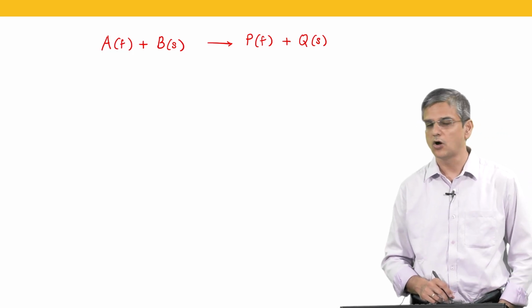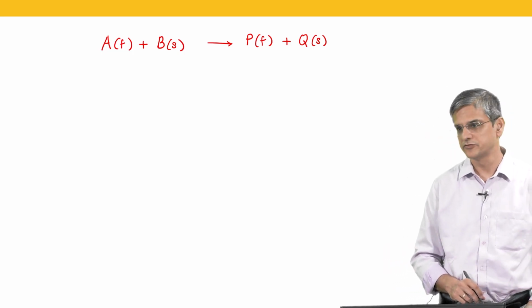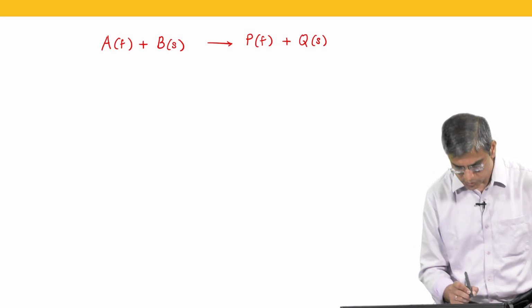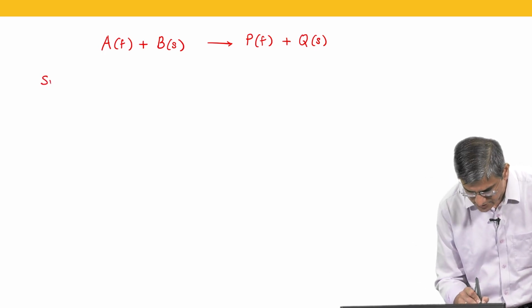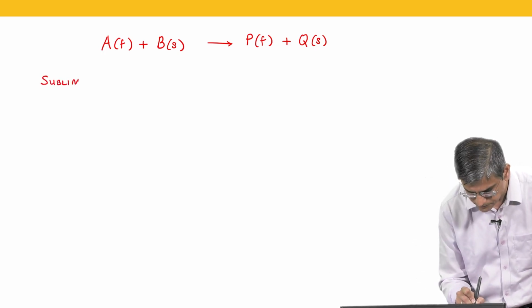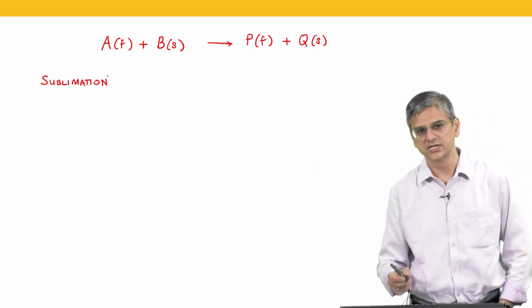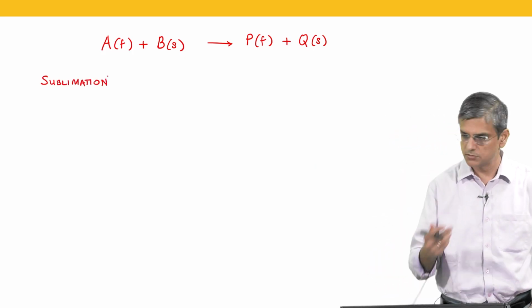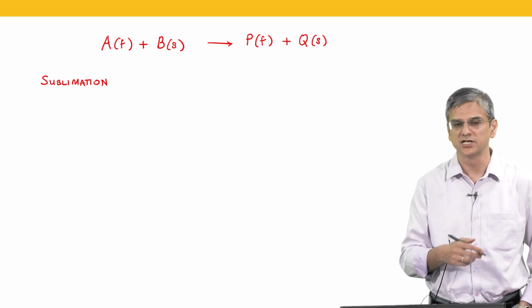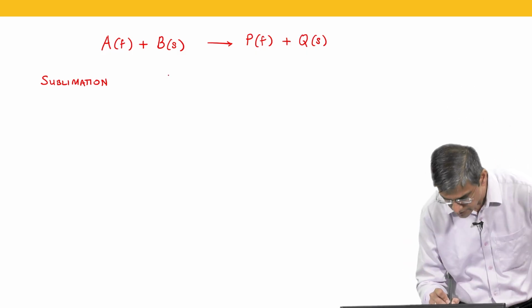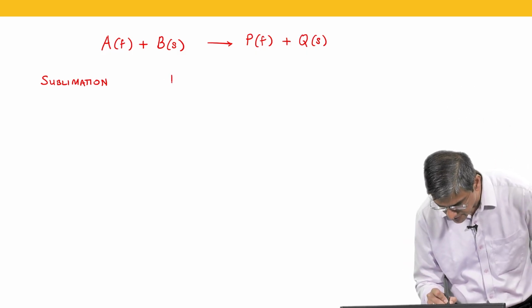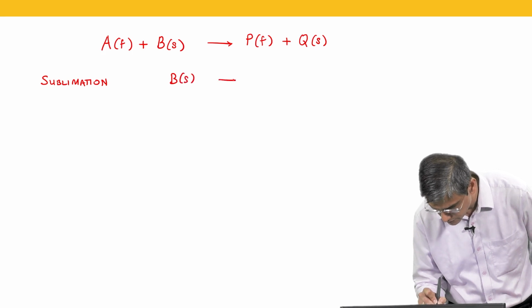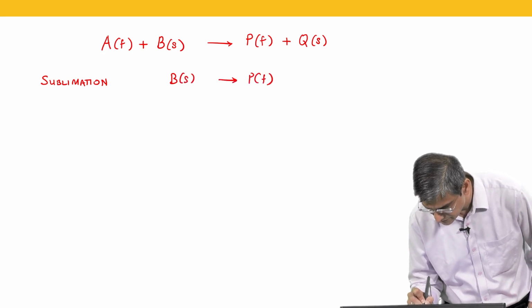Not all cases will involve situations like this. So, for example, if you look at sublimation, those types of reactions where the solid is reacting with itself, it might be a reaction of the form Bs going to Pf.